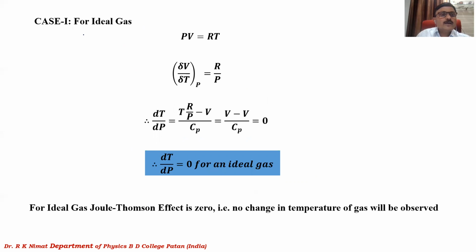We know that for an ideal gas having 1 mole, you can write PV is equal to RT.